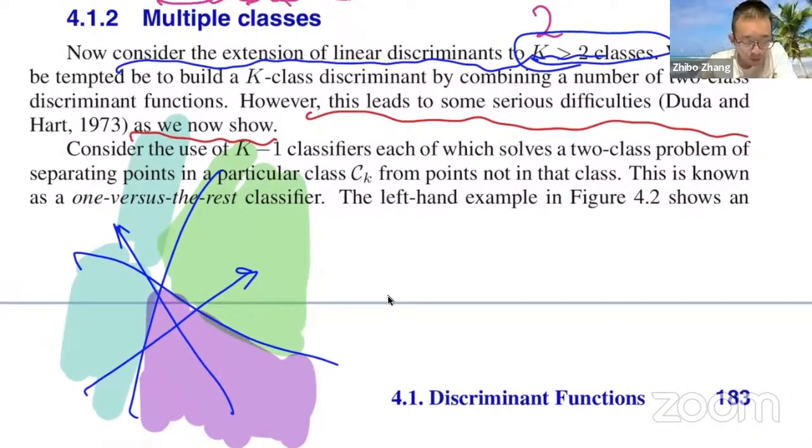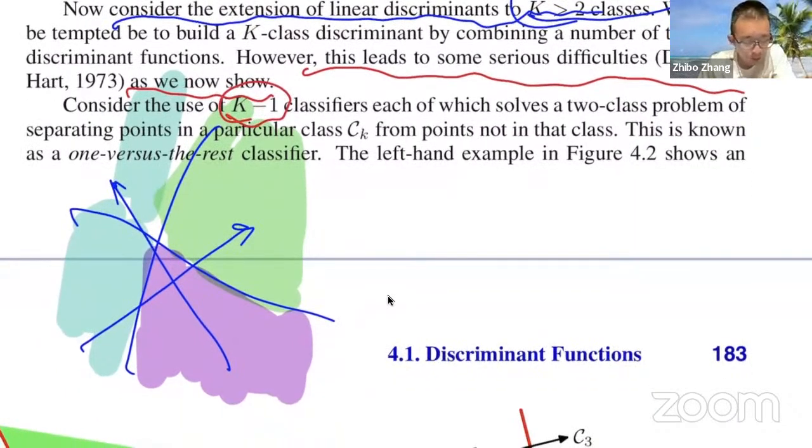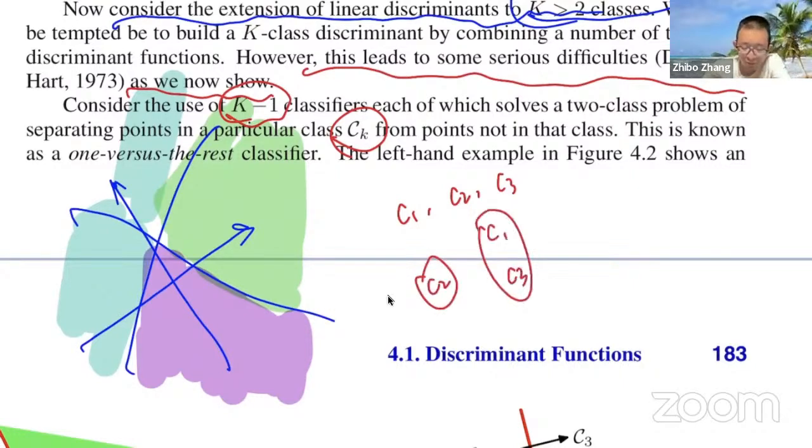So consider the use of K-1 classifiers, each of which solves a two-class problem separating points in a particular class Ck from points not in that class. Suppose we have C1, C2, and C3. One binary classifier can separate C2 from C1 and C3.